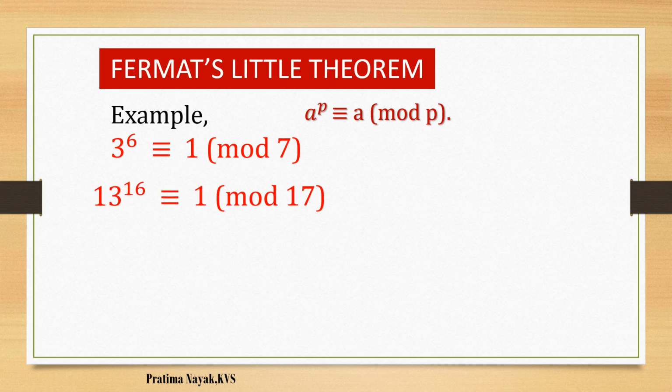Another example, 13 raised to the power 16 is congruent to 1 modulo 17. 17 is a prime number, and 13 and 17 are co-prime, so we can take this result. Another example, 9 raised to the power 10 is congruent to 1 modulo 11. 11 is a prime number and 9 and 11 are co-prime.